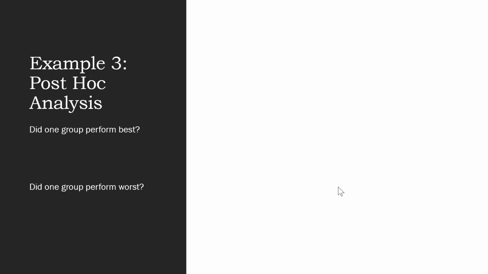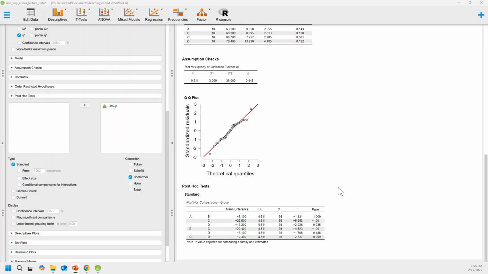So for instance, if we wanted to know if one group performed the best out of all compared to all of the other groups, or another group who performed the worst compared to all of the other groups, then we can create a graph that includes error bars that represent like 95% confidence intervals for those specific group means. And then if those error bars or those confidence intervals don't overlap, then that's evidence that the groups perform significantly different from one another, right?